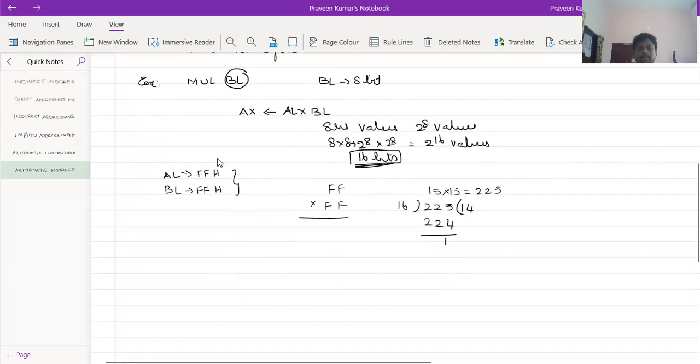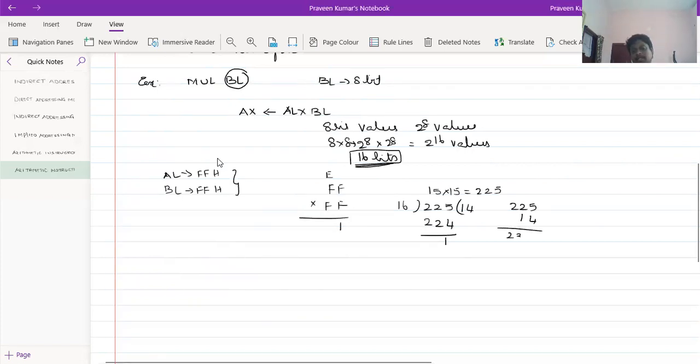Exactly, the remainder will be placed over here. So what is the 14? It is E, 14 is equivalent to E. Now after this it is 15 into 15, again 225, plus E, 14.